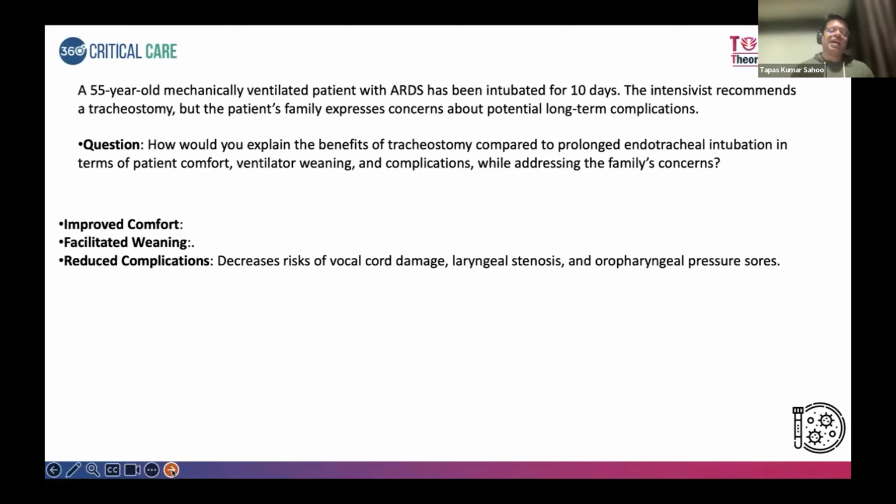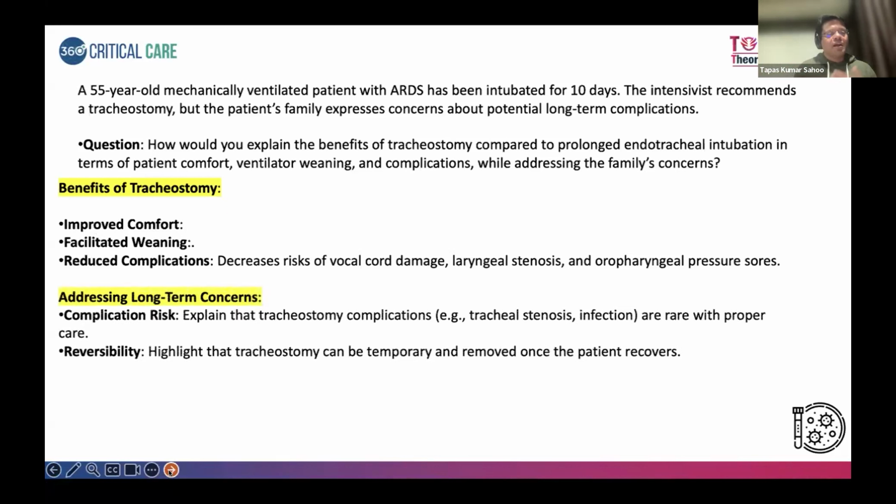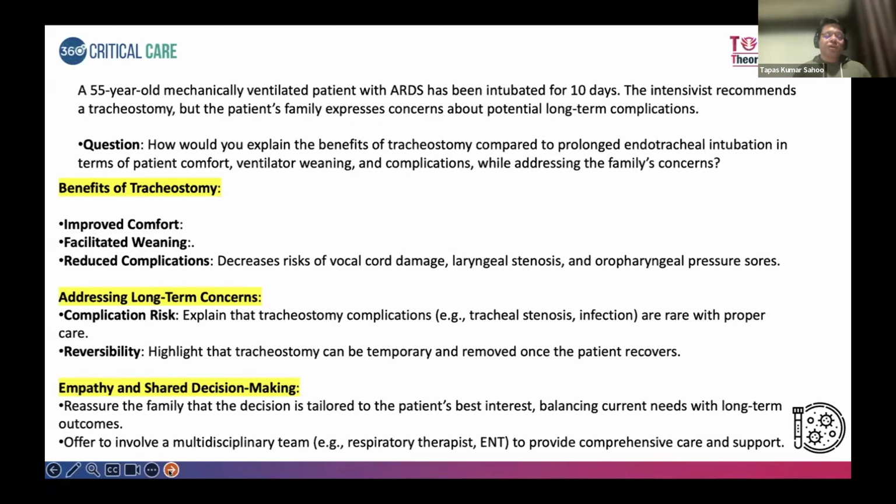This is the format of question that you may get if the question setter would be keen to know your clinical acumen, so they would be framing this type of question. So you have to mention the improved comfort, facilitated weaning, reduced complications. These would be the benefits. Regarding long-term concerns, you also have to explain to the family about the complication risk and the reversible nature of the tracheostomy, that it is a very temporary method and it can be removed once the patient recovers, and also show communication skills for a difficult situation like this.